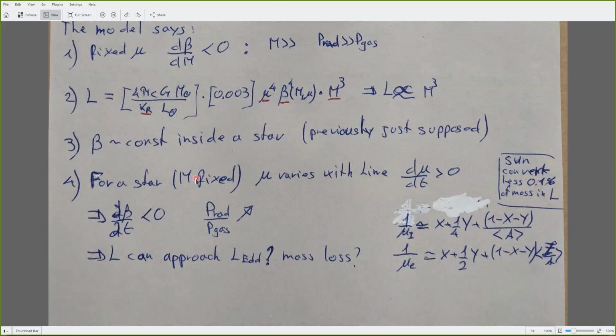So you can assume definitely that for a star, in its life, the mass is constant.